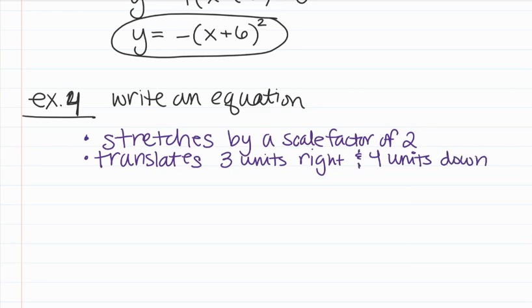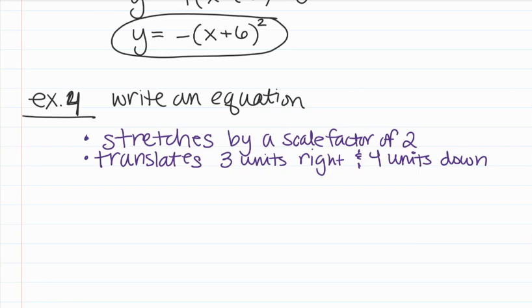Now remember, this information is based on the parent function, right? So if you took the parent function, you would stretch it by a scale factor of 2, and then you would translate it as we're given information here.